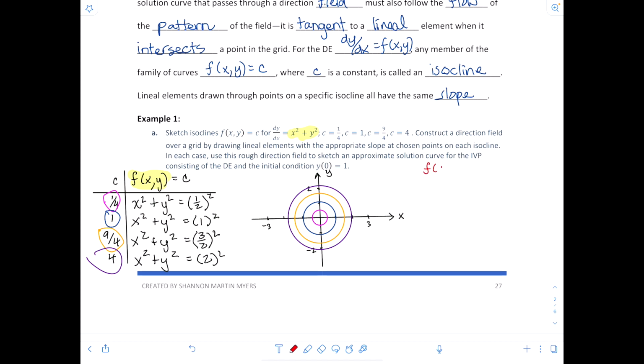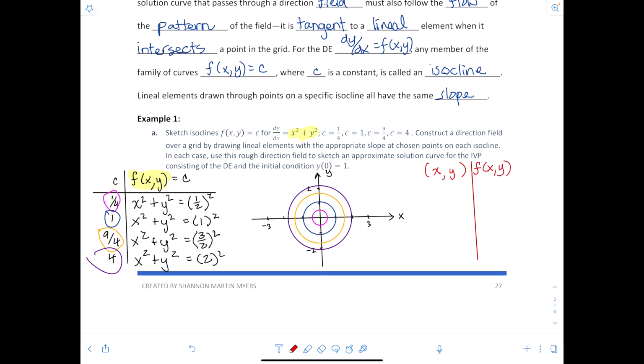So we have f of x and y, and then we have the actual slope as an output. So actually I'll do it like this. So we'll have x, y, and then the output at f of x and y.